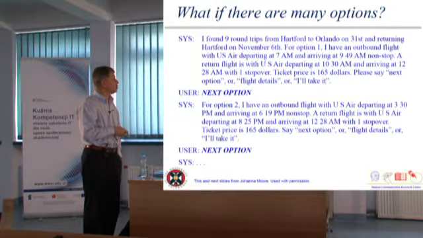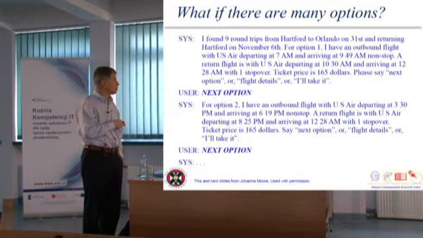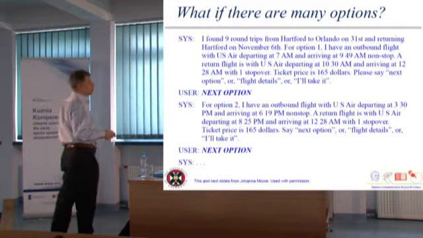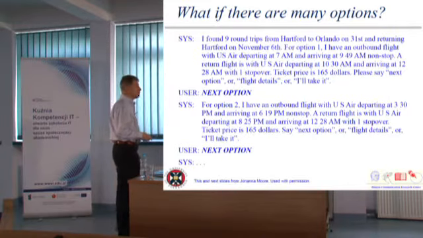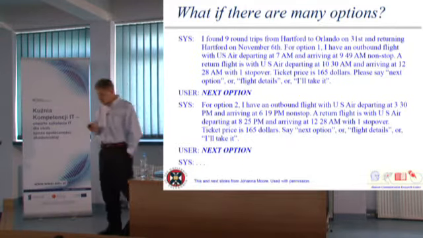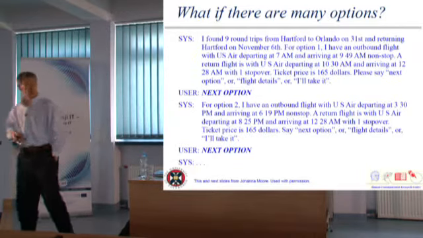Presumably the user here would like to have some kind of summary of these options. Otherwise the user can say next option and get the next list of details, and then next option, and do it 9 times, and then forget what it is that he or she really liked.